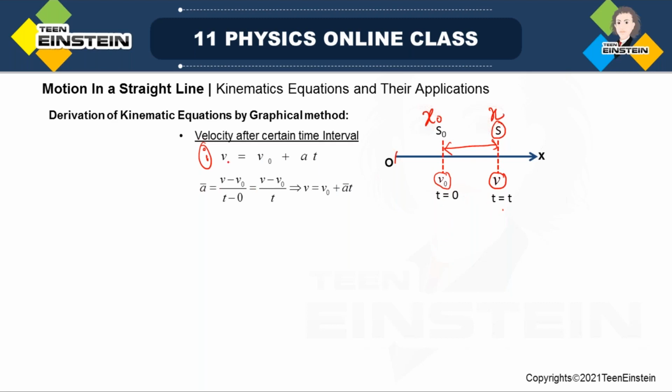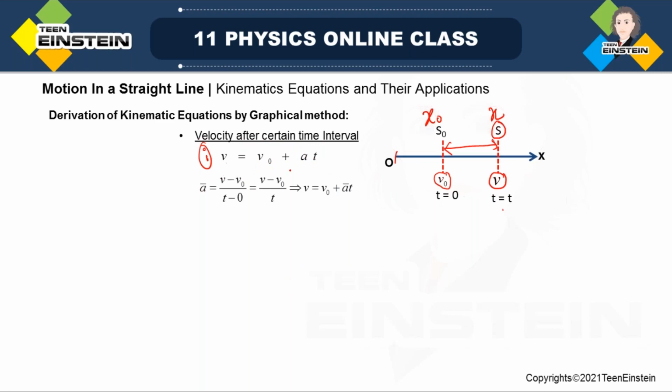Now the final velocity is given by this equation. This we have already learned, that this is velocity after a certain time. This is the expression v = v0 + at, where a is the uniform acceleration or average acceleration of the object. Okay, now look how to derive this equation from the graphical concept.